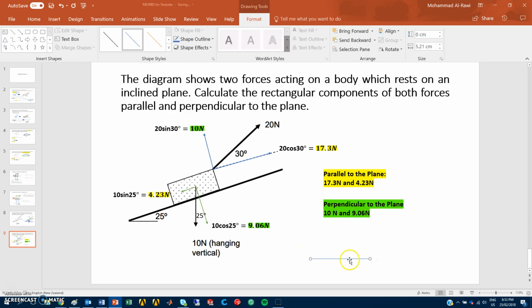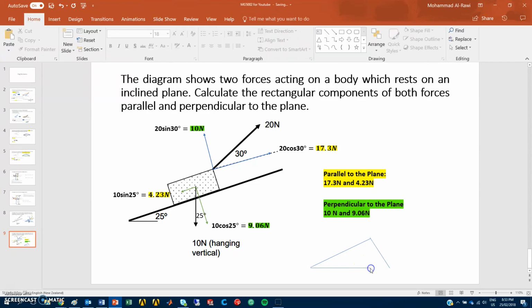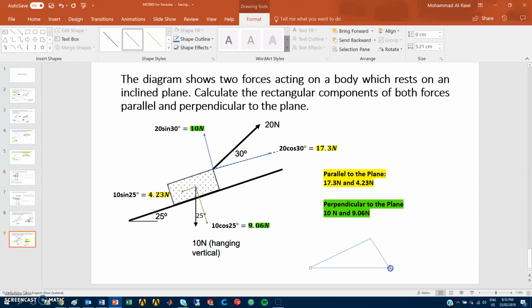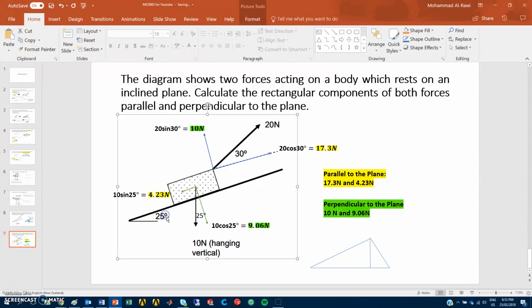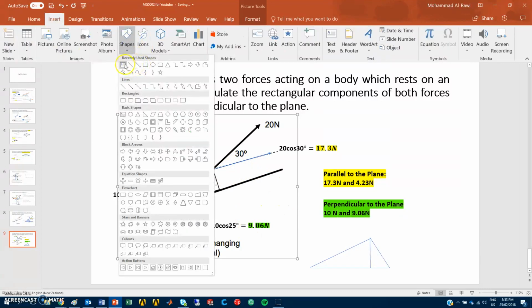I will have this line, and between it another line will represent the angle we're trying to determine, and we extend that. Then there is another line which is perpendicular here, which will give me the angle 90.